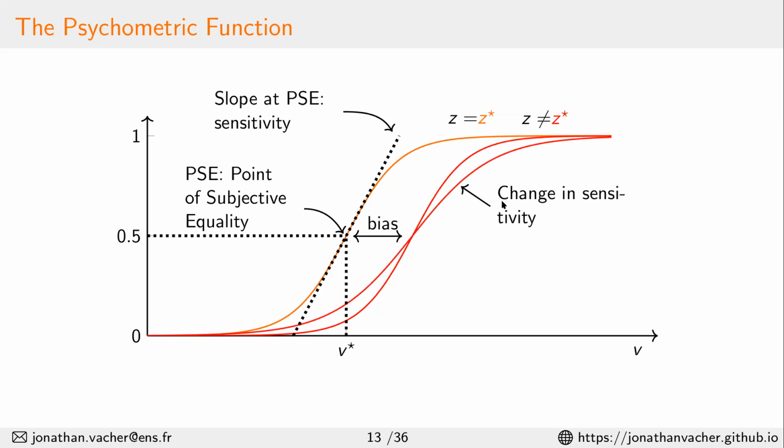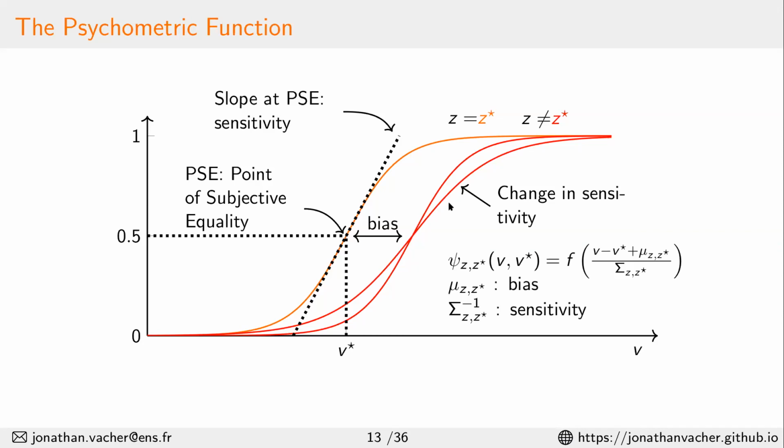And we can also observe a change in sensitivity, so a change in the slope. So usually what you measure in the psychometric function is this bias mu, so how it is shifted from v equal v star, and the slope, so this sigma z star.